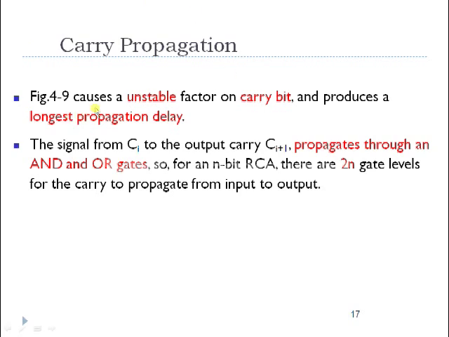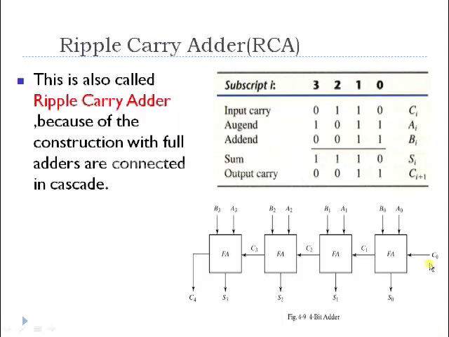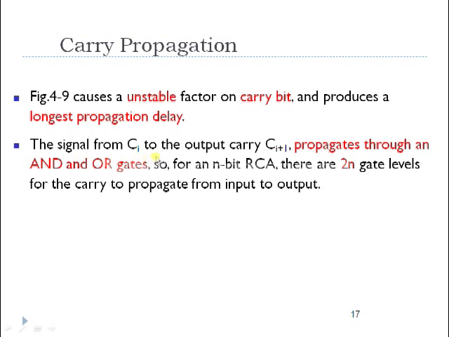It causes an unstable factor on the carry bit and produces the longest propagation delay. As I just said, the signal from Ci to the output carry Ci plus 1, for example, if i equals 0, then Ci would be C0, and Ci plus 1 is nothing but C1, propagates through AND and OR gates, as we know that a full adder is made up of AND and OR gates.